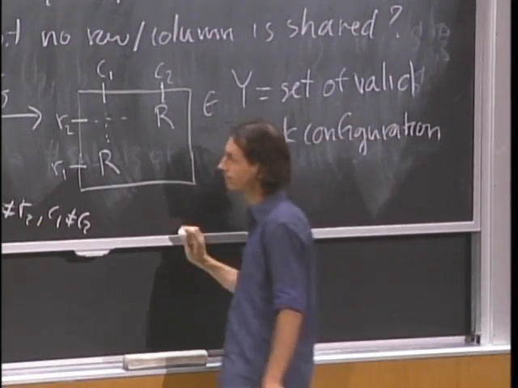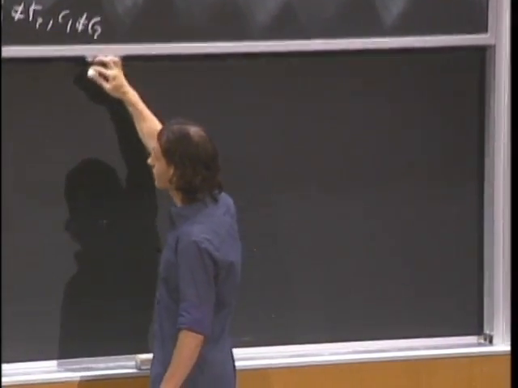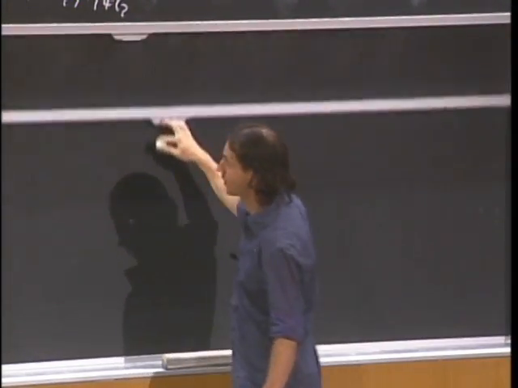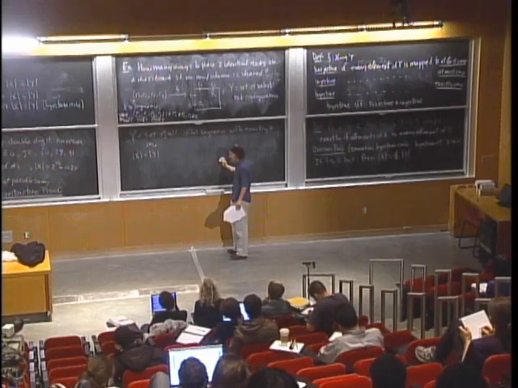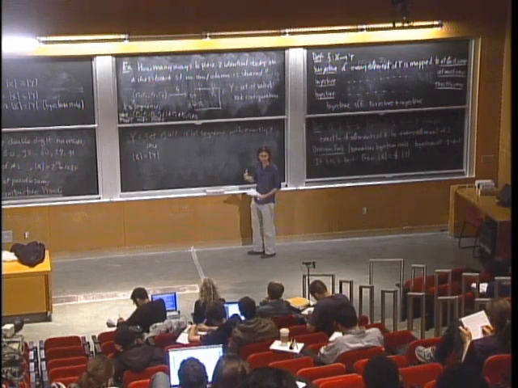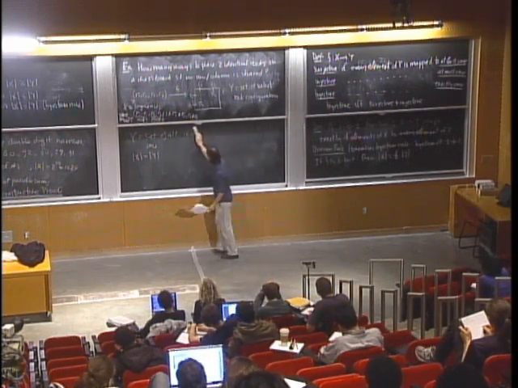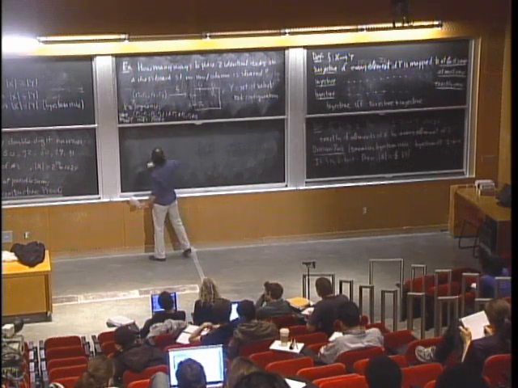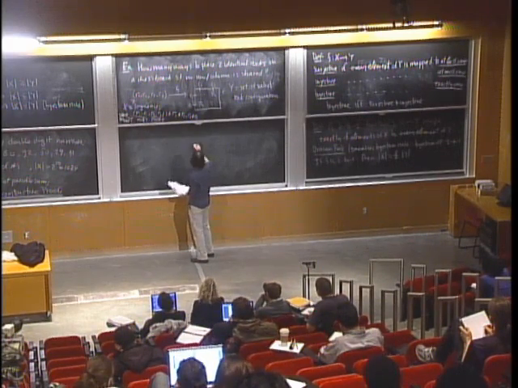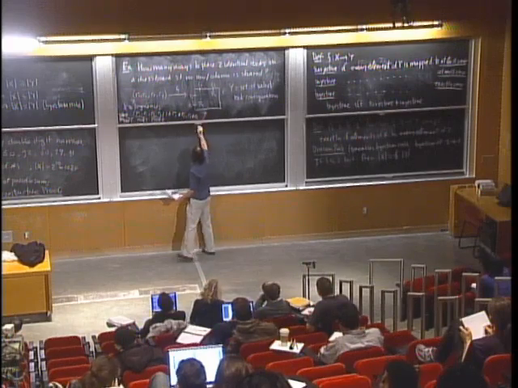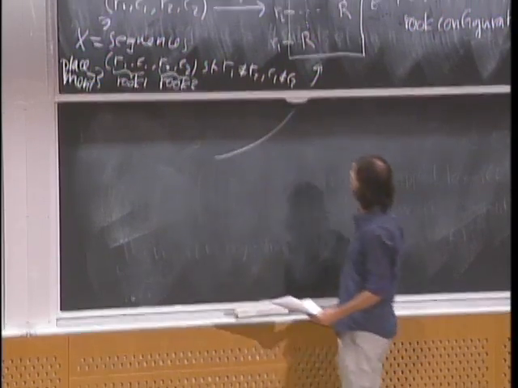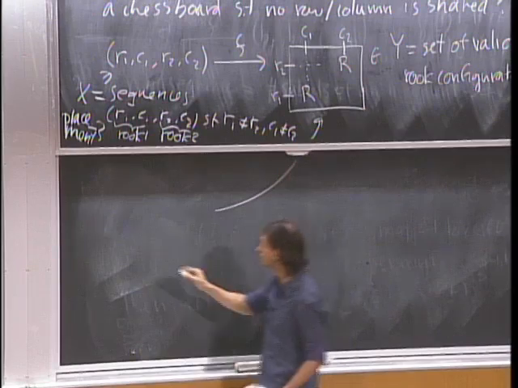Yep, that's true. So you can switch rook 1 and rook 2, and it will still look the same. The two rooks are identical. They look exactly the same. So we have again the exact same configuration, and we can see that this particular sequence also maps to the same.